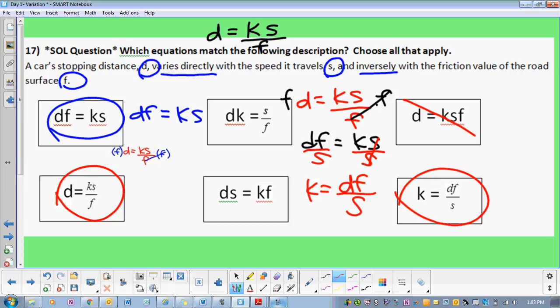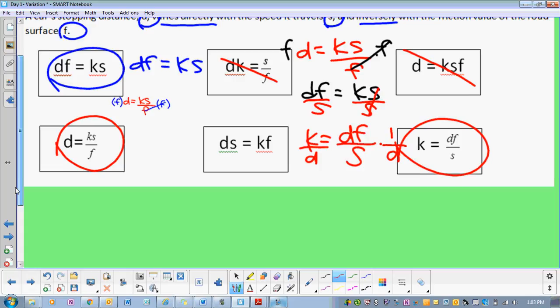Can you get DK together like this one, the second one? No, because you'd have to multiply by 1 over, right? And then it would just end up, nope, that one doesn't work. How about S? Nope, that one's not going to work either, right? Let me show you that one.